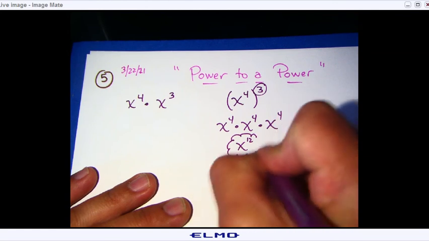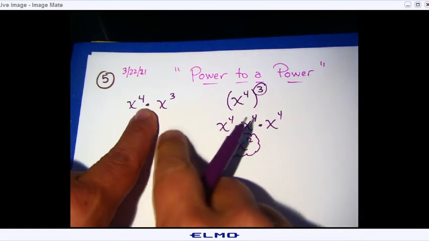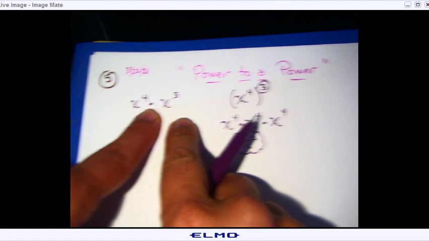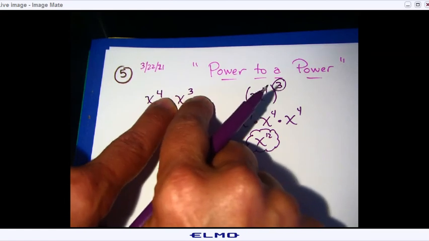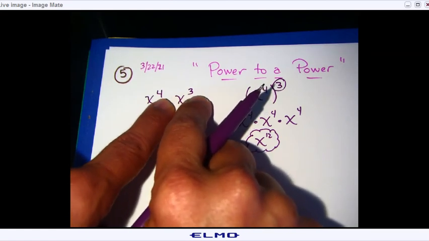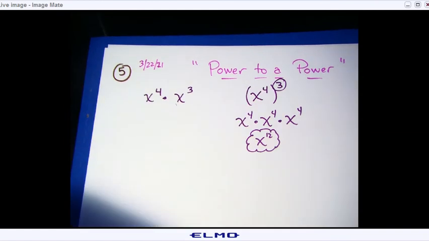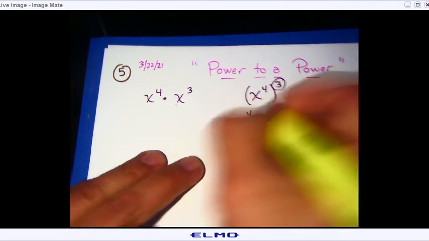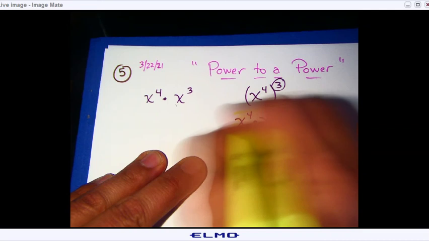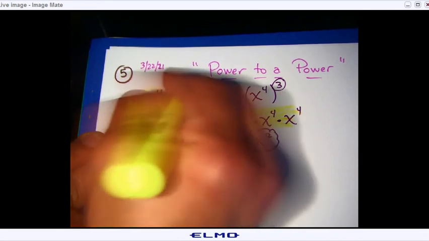Okay. But Mr., what about this one? Yeah, but 4 times 3 is 12. But remember, that's an exponent. You don't multiply. Oh, wait. This right here is laid out like this.